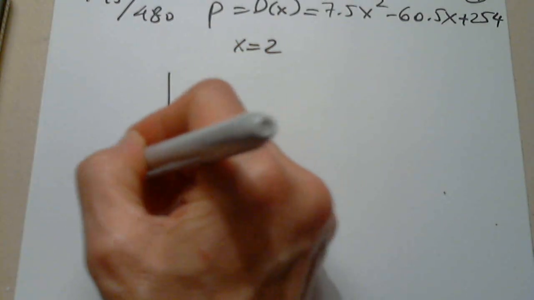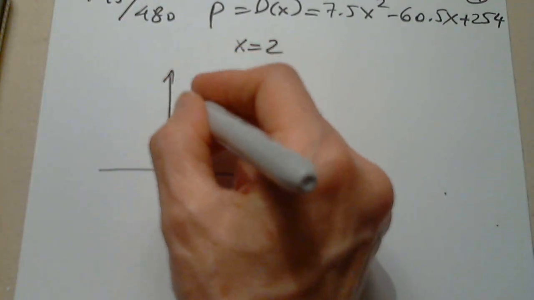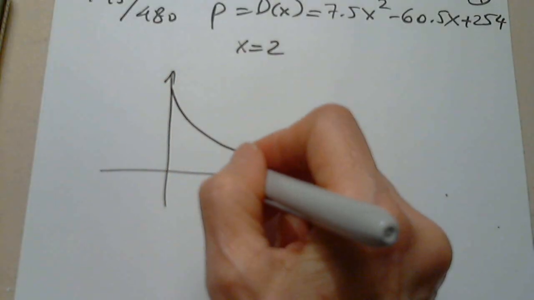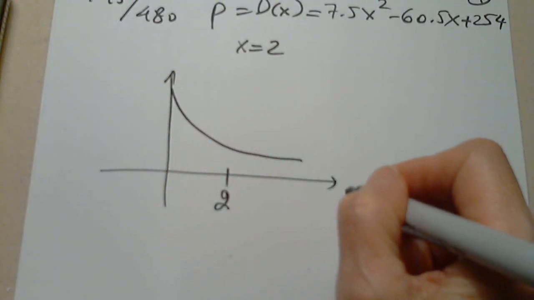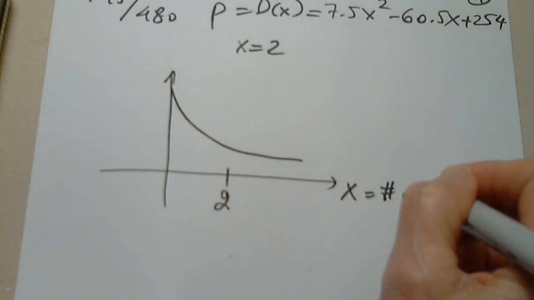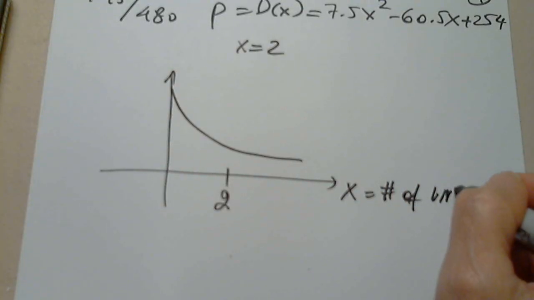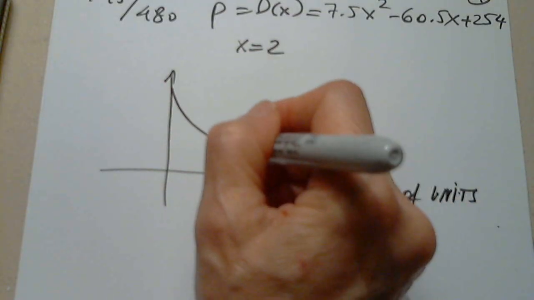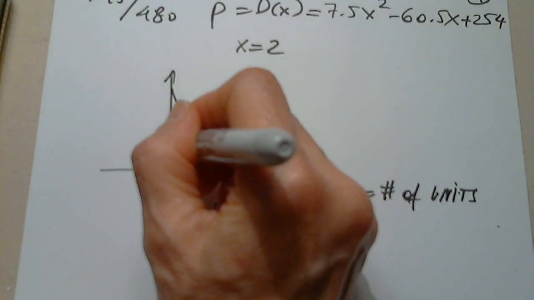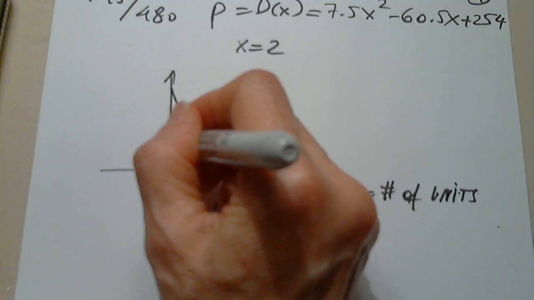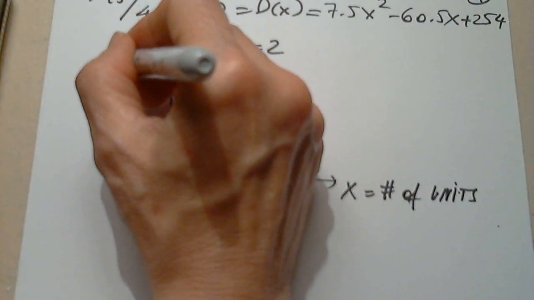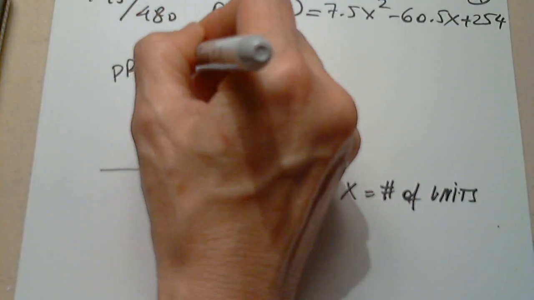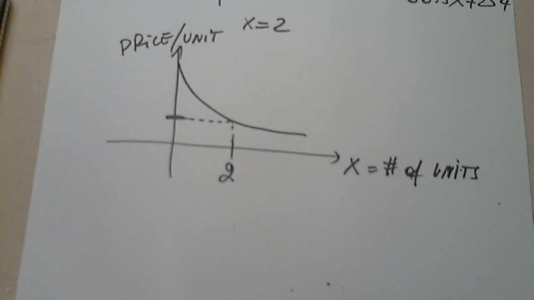So this is the demand function. Here is the number of units, x number of units, number of jumps. And we do not know the price per jump. We have to determine it. So this is price per unit. And then we are asked to find this.